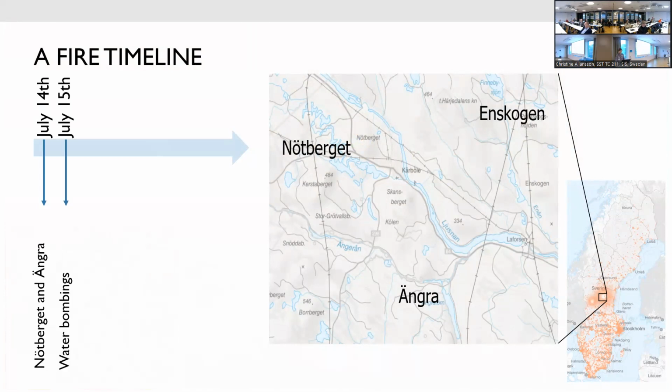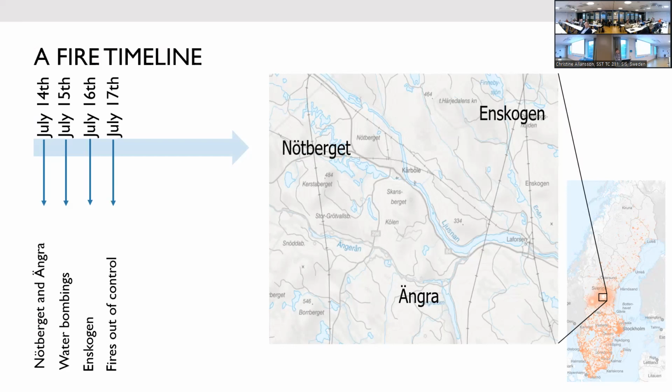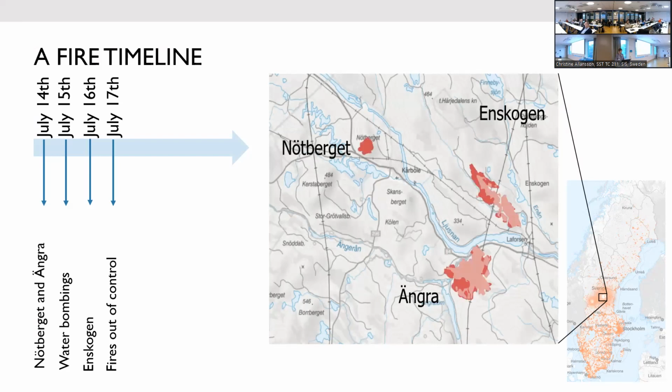Water bombings from the air started the next day. And on July 16th, the fire in Enskogen was discovered. The 3 fires were quickly out of control. And in this movie, you can follow the fire progress based on satellite imagery from the Copernicus program between July 17th and July 27th.